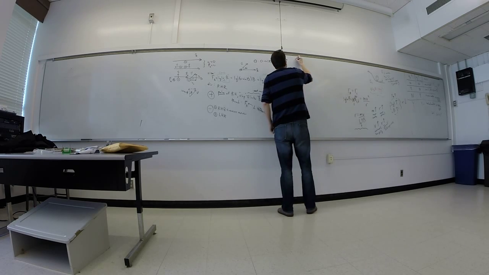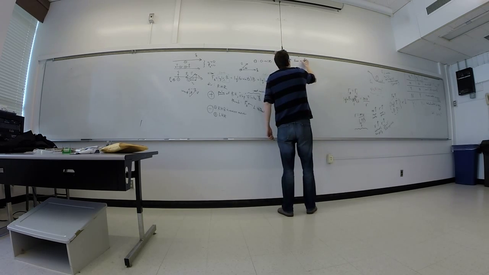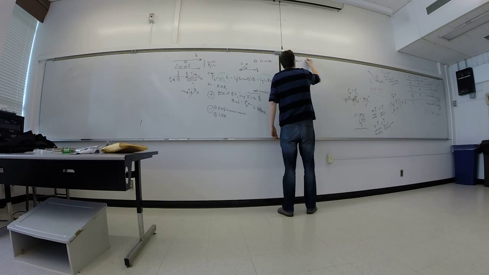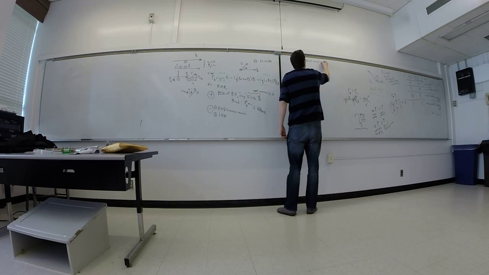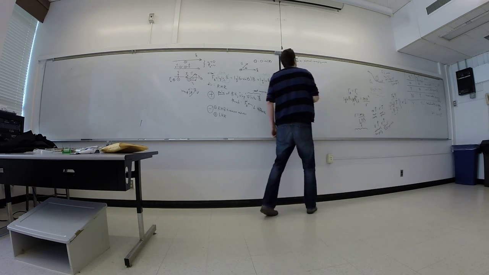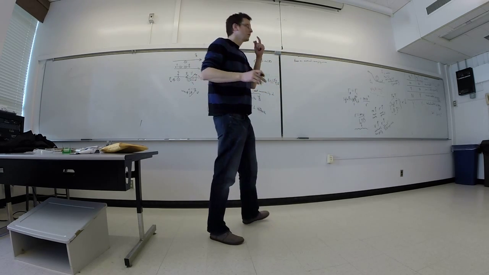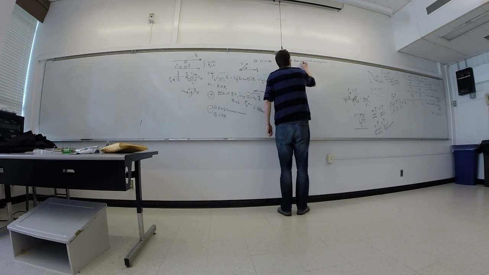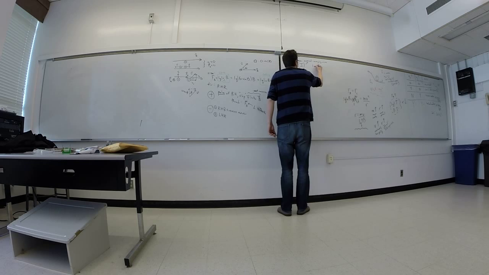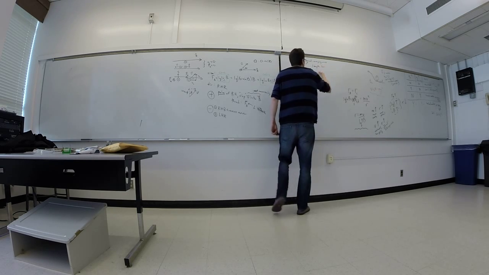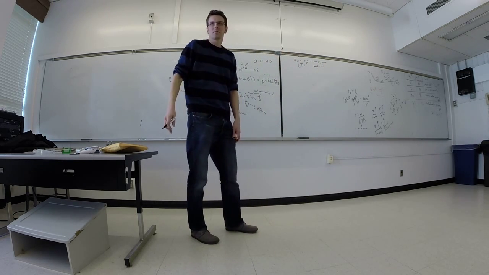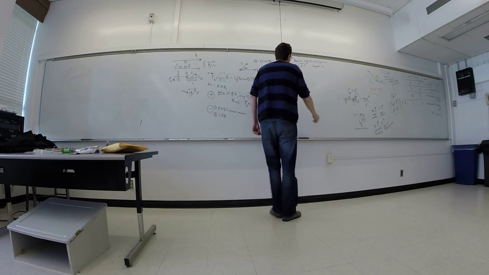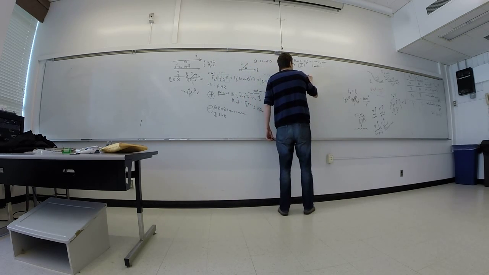So this is a force on a current carrying wire. The current is going to be I, and it's going to have a length L. So for instance, let's say we have a magnetic field like this.